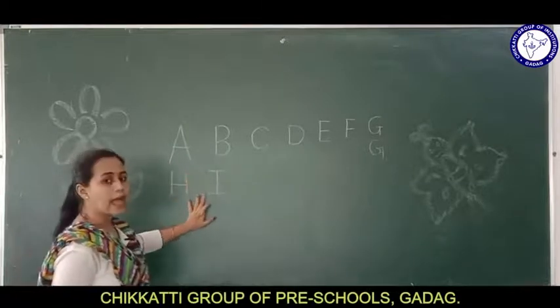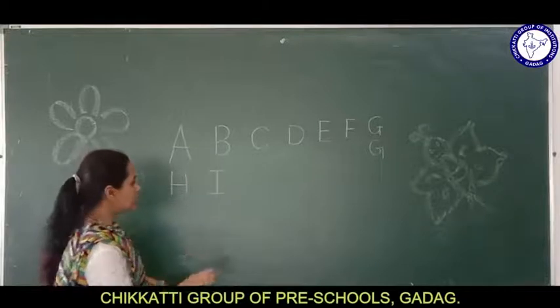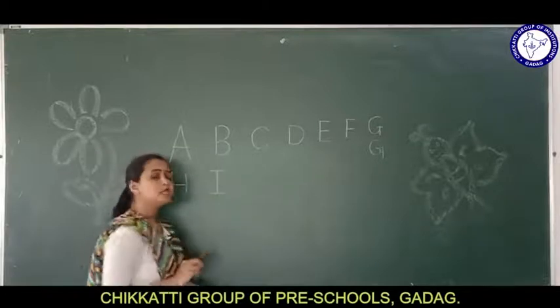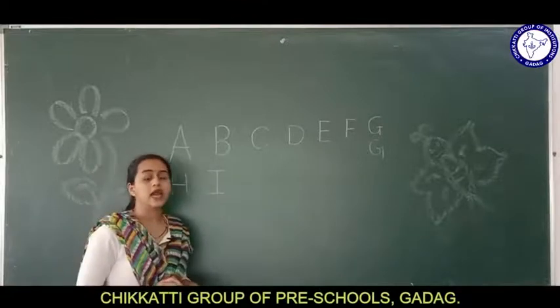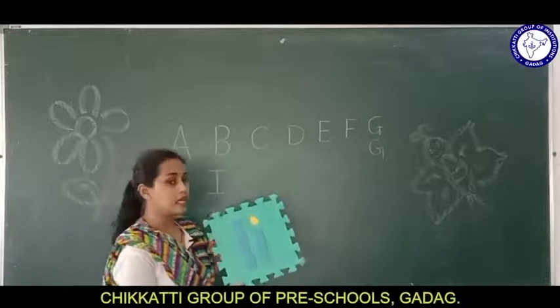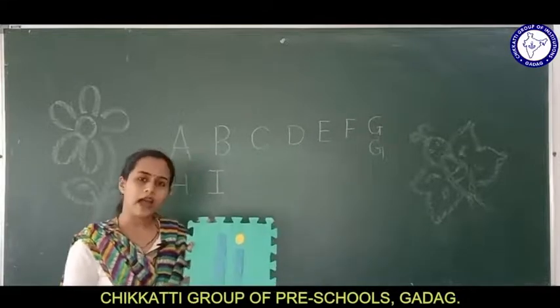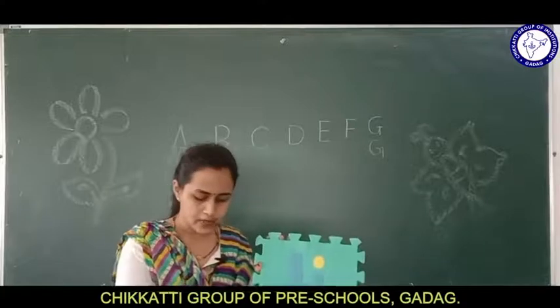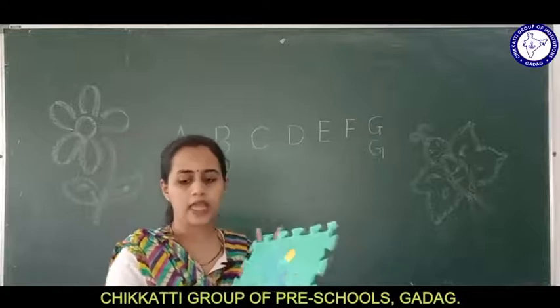First and at the end you have to put a standing line. It will become what? I. What does the I sound like? I, right? I sound. What? I.